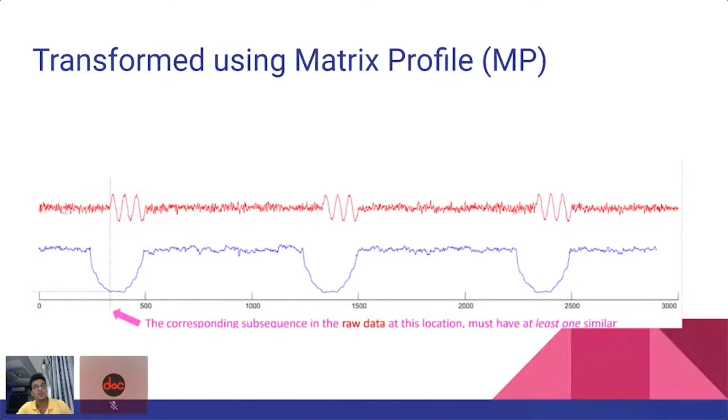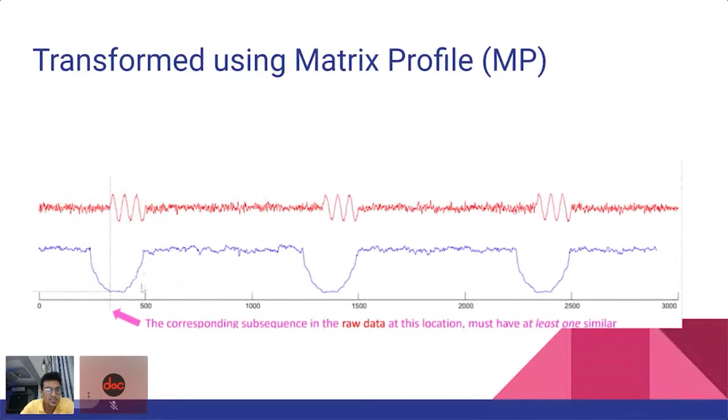Now, when we transform this input data, which is red, and convert it into a matrix profile, this is what we get. Segregating this is a little difficult compared to segregating these areas, right? So essentially we transform this signal to this, and this becomes very easy to detect.